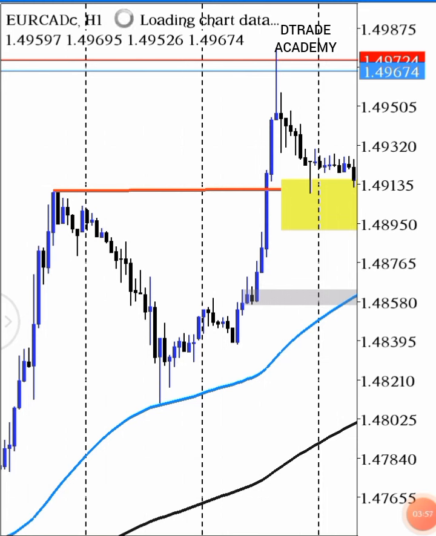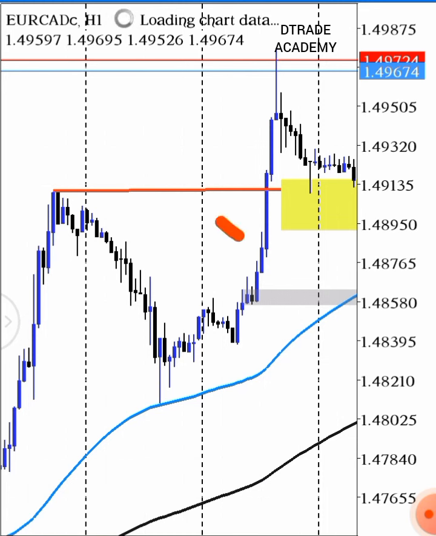Look at this, very close to the horizontal line. For our imbalance, I said we always look at 3 candles. The first candle wick and the third candle wick must overlap. If they don't overlap, that means there is imbalance. Now mark out the first candle wick.